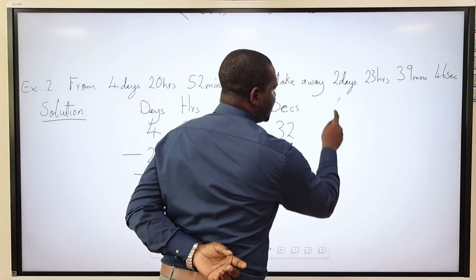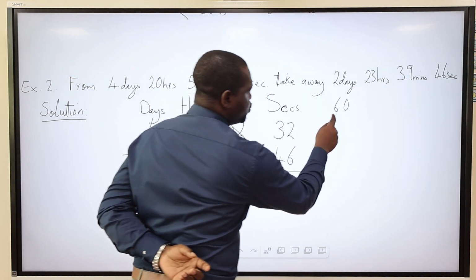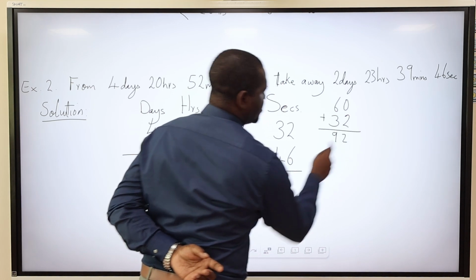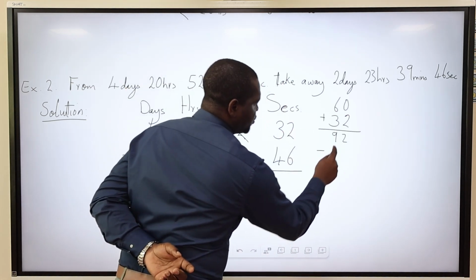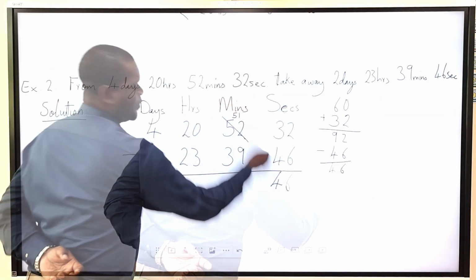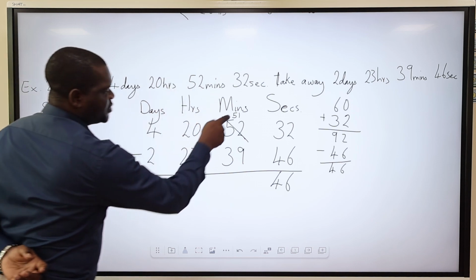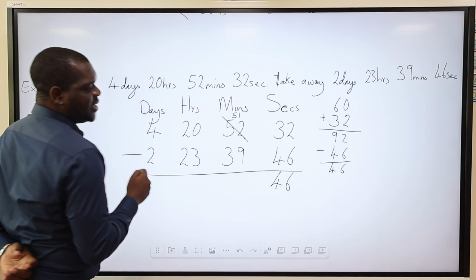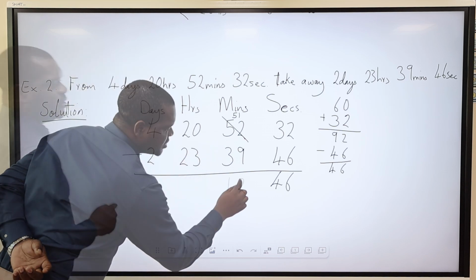So 60 seconds plus 32 seconds, which is already here, will give 92 seconds. And 92 seconds minus 46 seconds will give us 46 seconds. For minutes, we are left with 51 minutes. And 51 minutes take away 39 is going to give us 12.